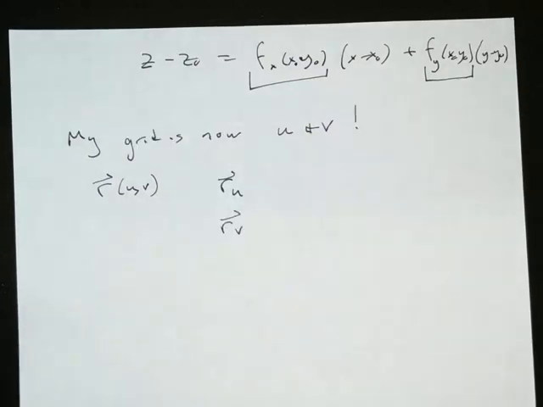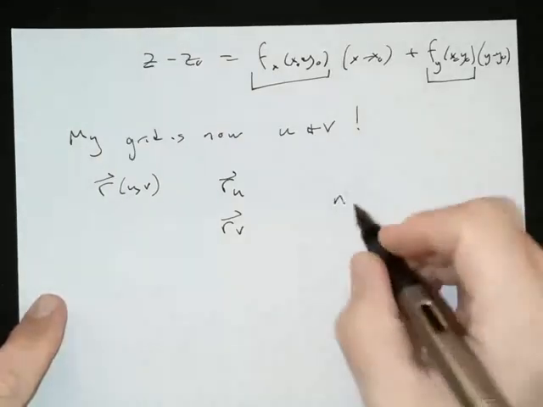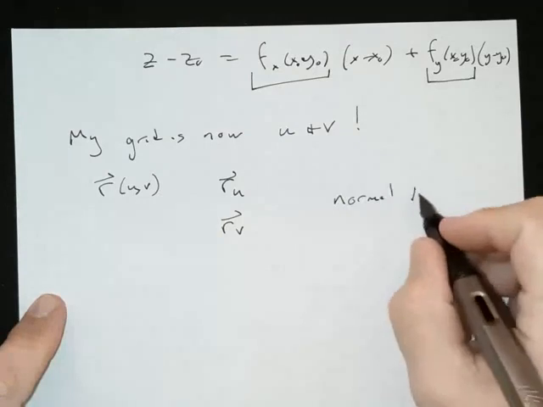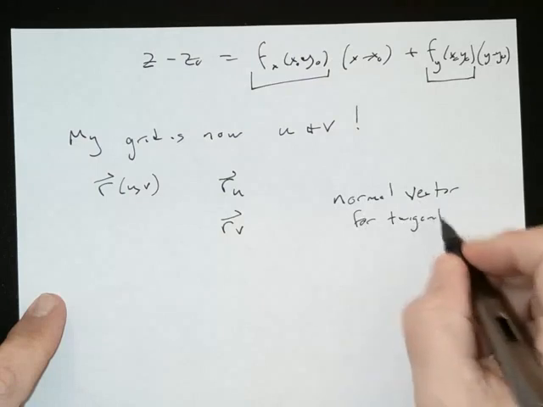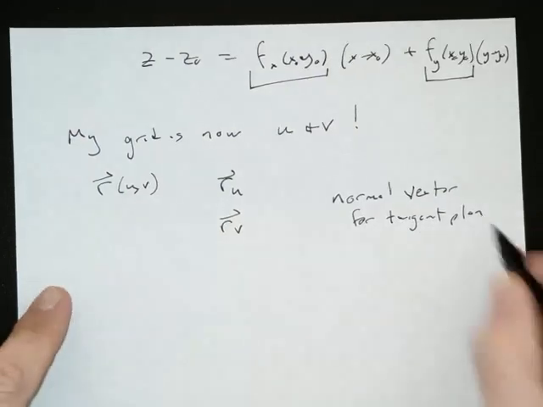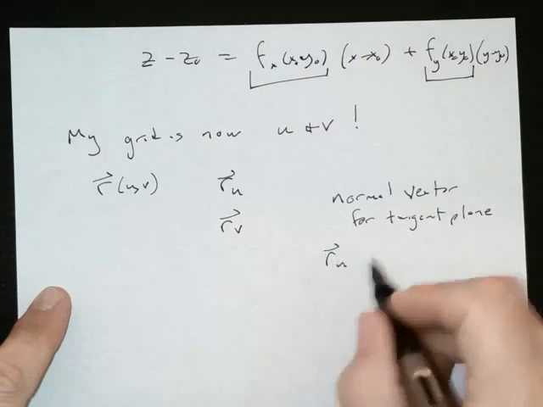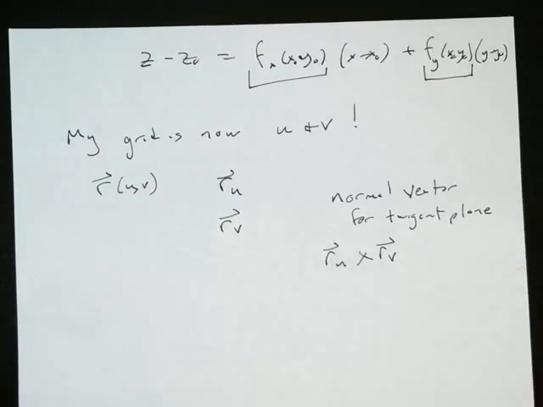But those go along the surface, right? Those are in the surface. I need the vector that sticks out. I get the vector that sticks out. So the right normal vector for my tangent plane is now RU cross RV.